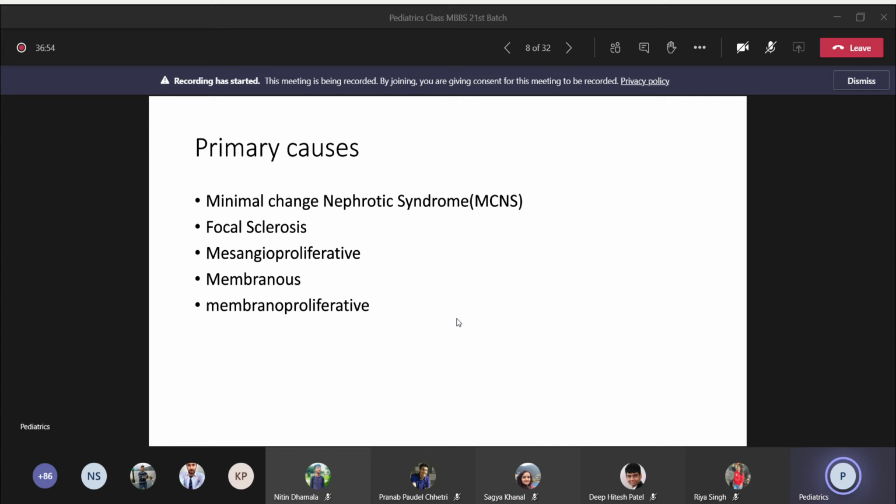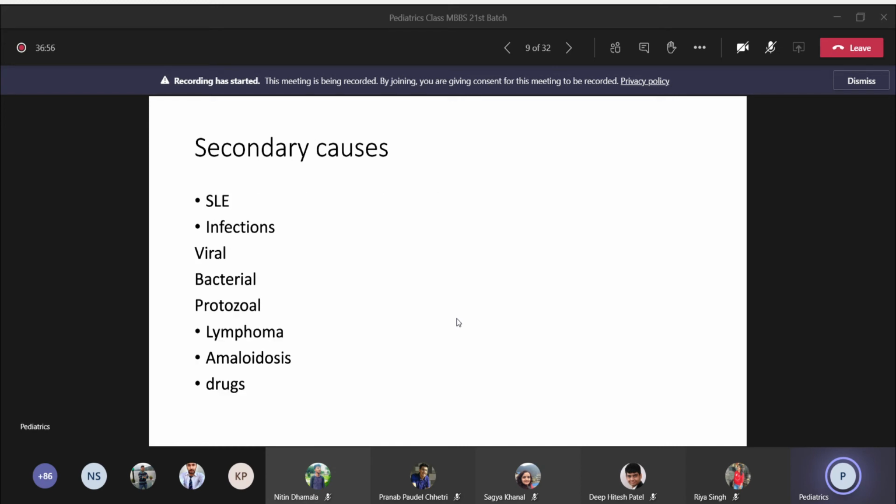Now let us come to the other slide. What are the causes of secondary? Secondary causes, the most common cause is SLE, systemic lupus erythematosus. The others are infections. The infections are either viral infections like hepatitis B virus, or bacterial infections like congenital syphilis or tuberculosis, and some parasitic infections like malaria.